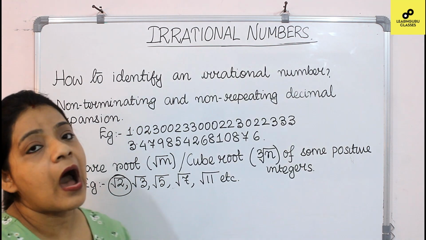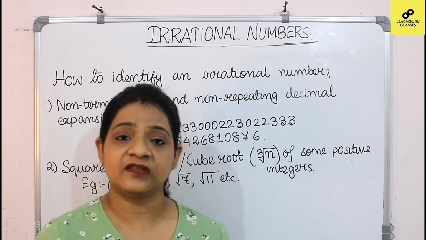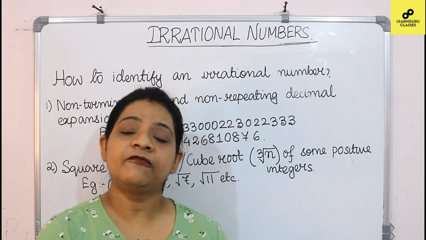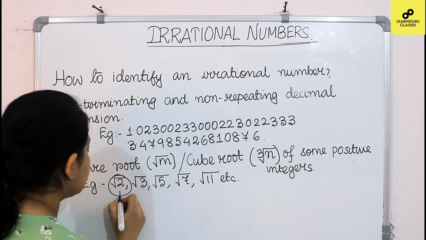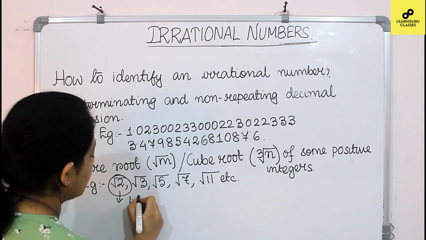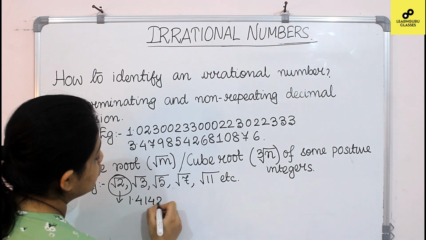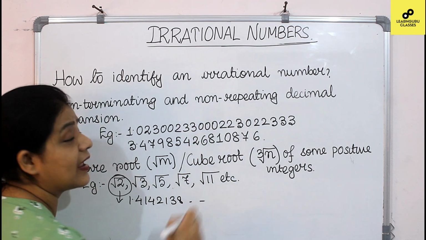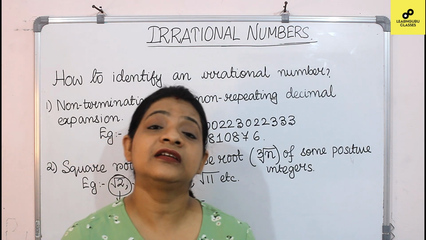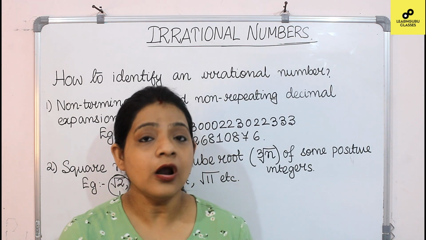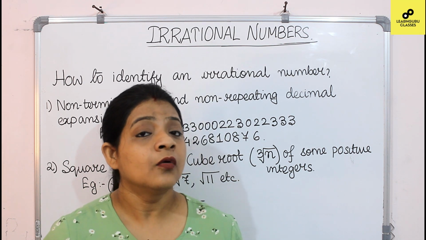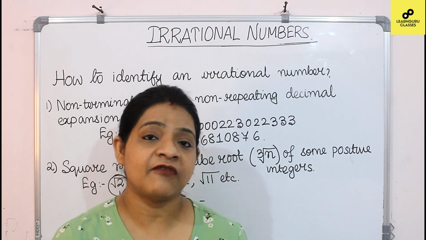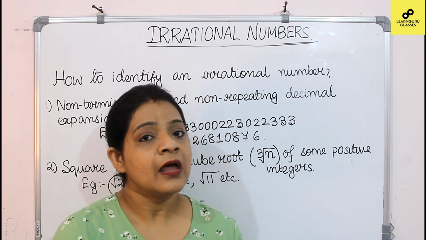You will ask me, how can you say root 2 is an irrational number? If you find the square root of 2, the decimal expansion will be something like 1.41421338. So it takes the shape of a non-terminating and non-repeating decimal expansion, which we have already defined as an irrational number.